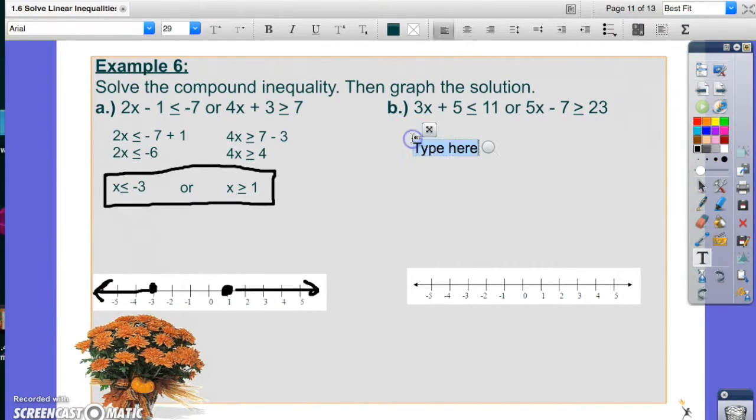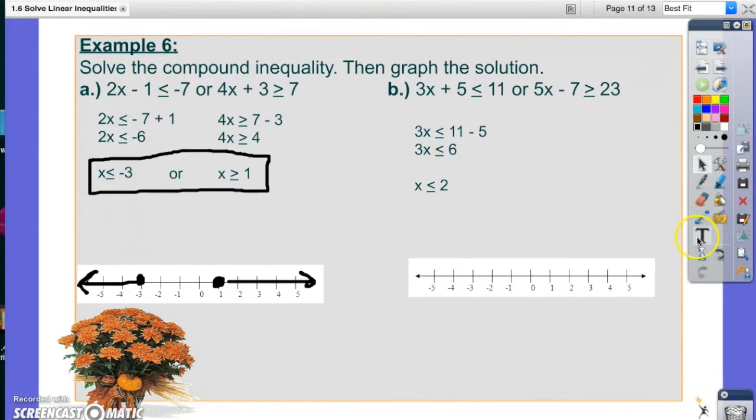For the next one, let's transpose so that we get 3x less than or equal to 11 minus 5. Let's simplify. It's 6. When I divide, we get x less than or equal to 2.